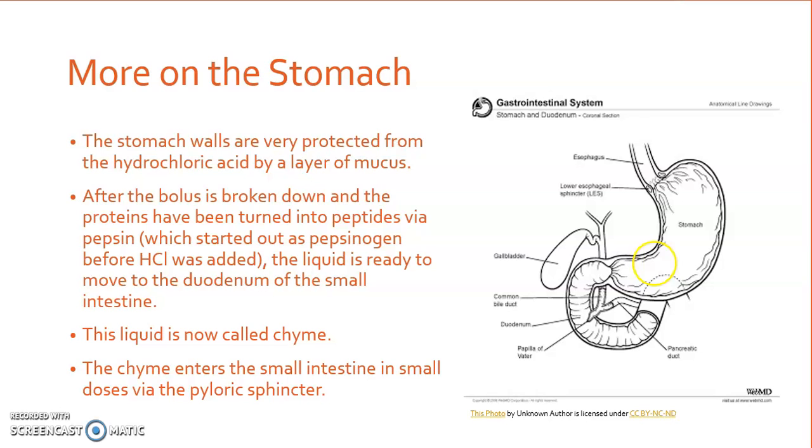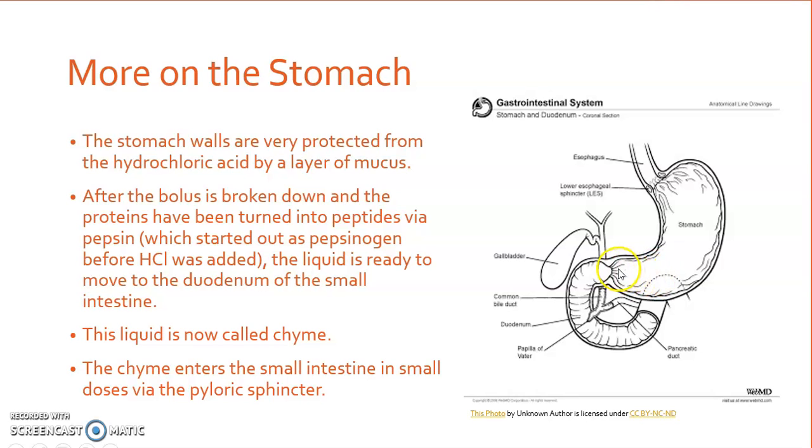So after all of that has happened and there's a good breakdown, where did my mouse go? There it is. After the food has entered the stomach and all of that breaking down has happened, they get to right here. There's no more bolus. We have now moved on to a liquid called chyme, C-H-Y-M-E.